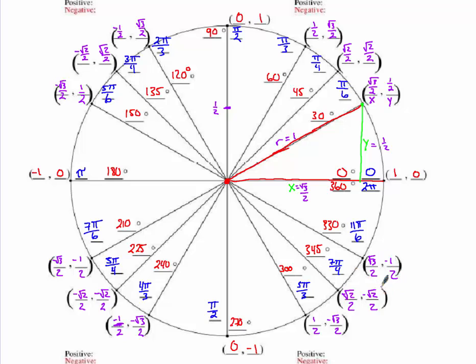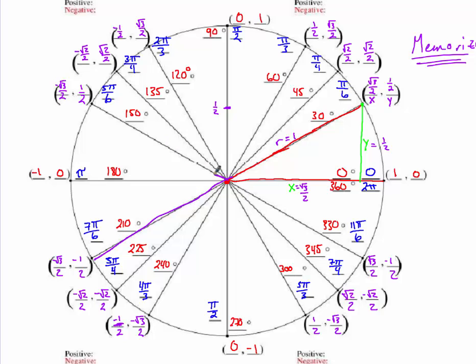All right, so these values represent the sine and the cosine for all of these angle measurements in degrees and in radians. And our job is going to be to memorize this. Okay? And if you can make a connection between the 30-degree and the 210, you see that they have the exact same numbers in the exact same spot, except the signs are different based on what quadrant it's in.